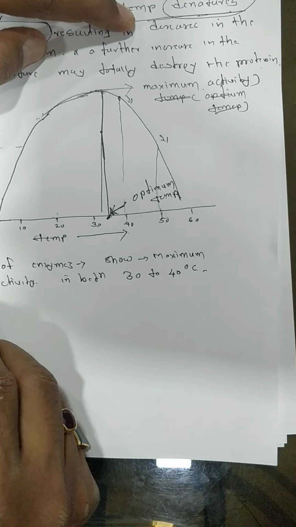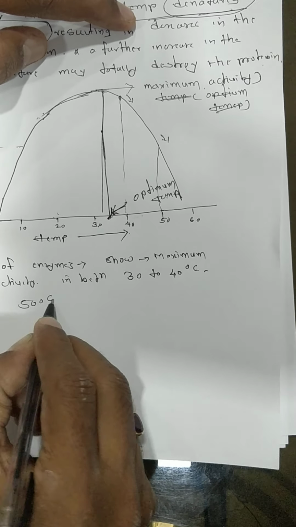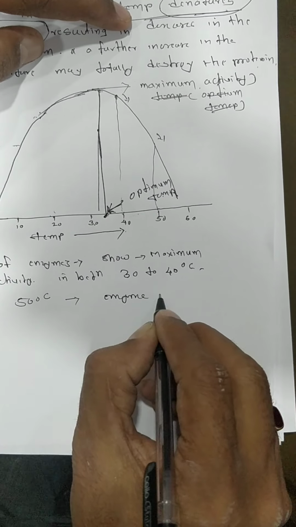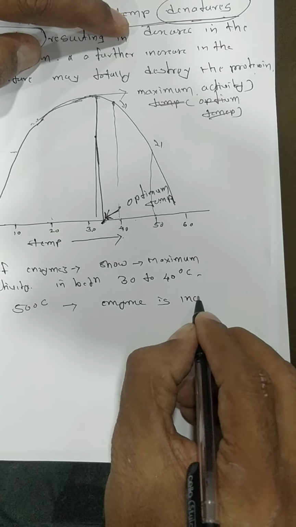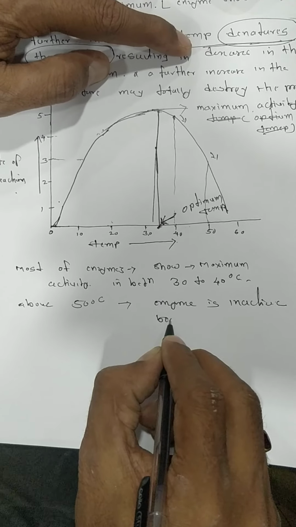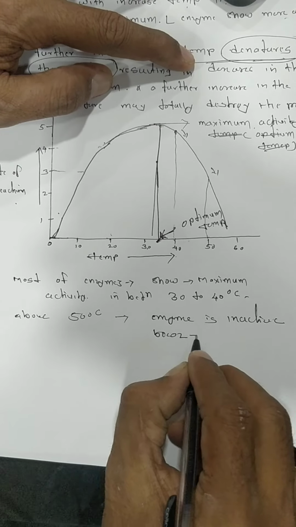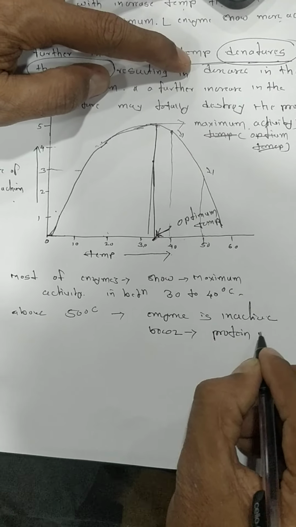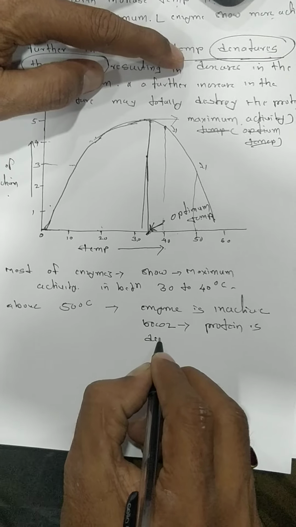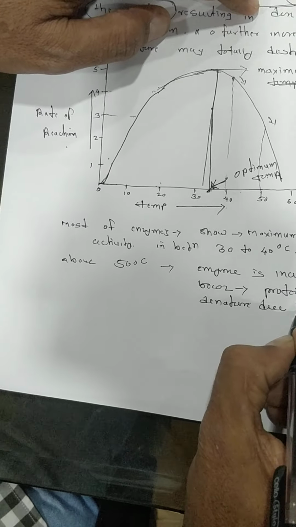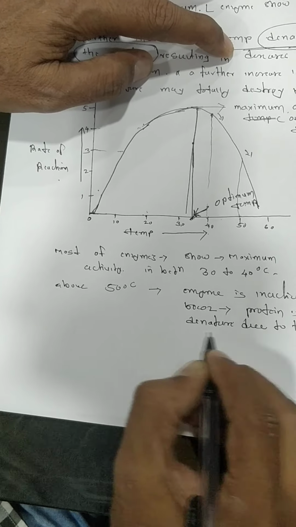Above 50 degrees Celsius the enzyme is inactive because the protein is denatured due to the heat.